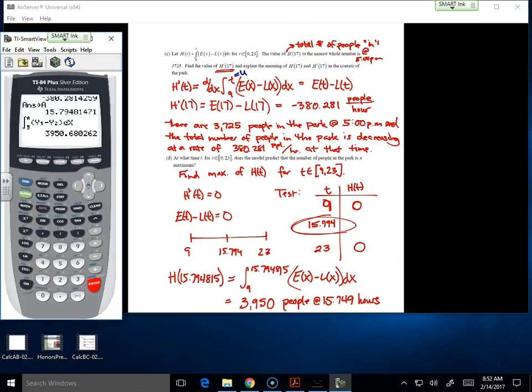And technically, I guess we say something hours after the park opens, or hours after midnight if you want. That'd be the best way to put it. Could probably just say 15.749 hours.